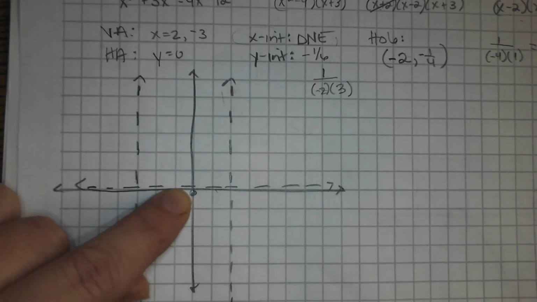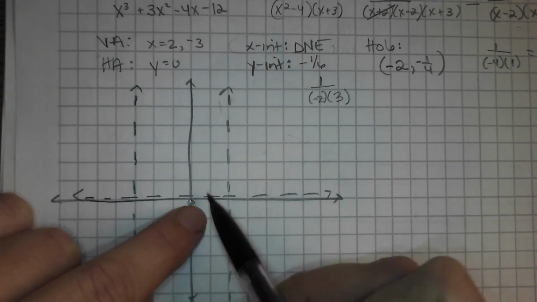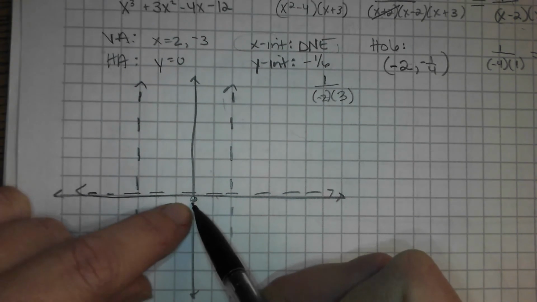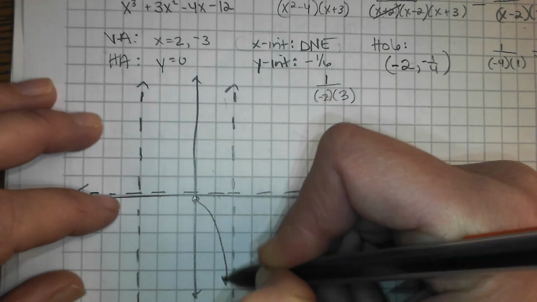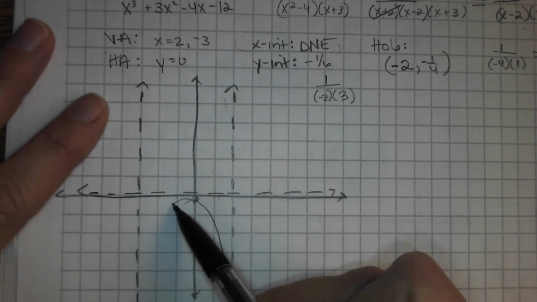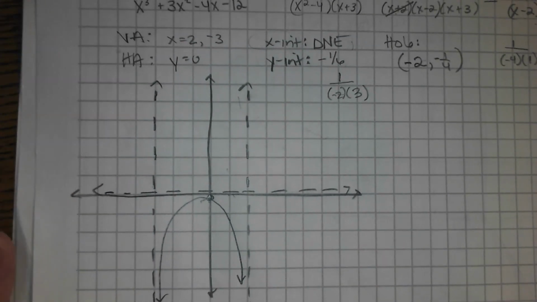Let's pretend you didn't put that together. Just plug in 1 and see if you get a positive or a negative, and see if it's higher or lower than negative 1/6, and it will be lower. So this has to go towards negative infinity because it can't cross the x-axis, and the same is true over here because we can't cross the x-axis.